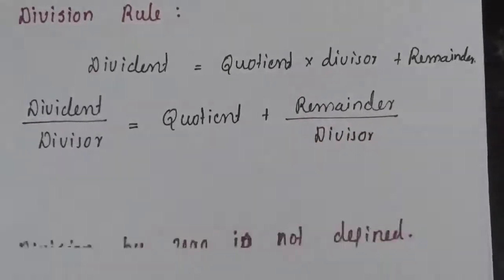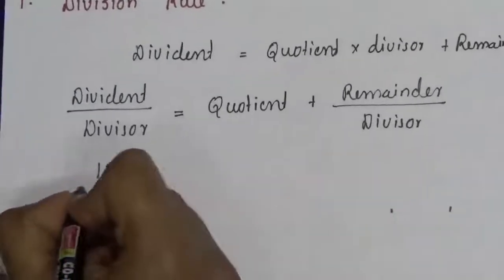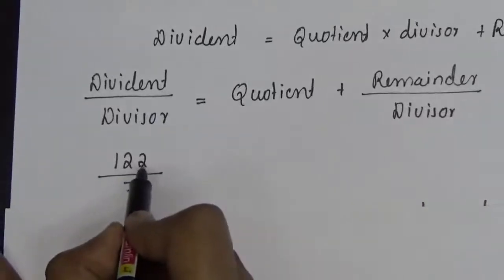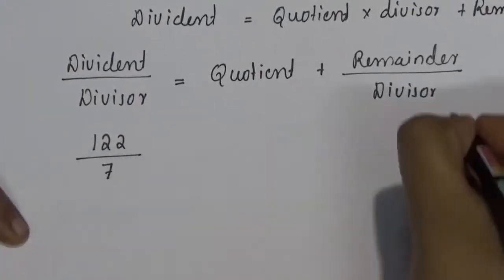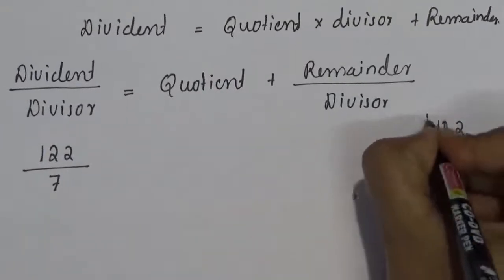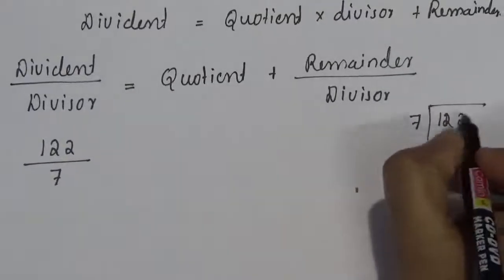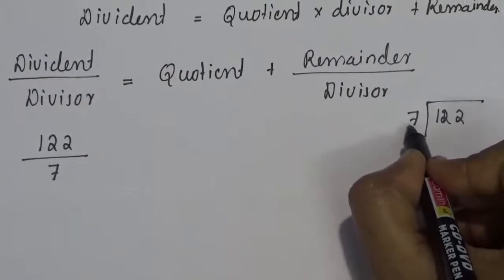Suppose we need to divide the number 122 by 7. Here 122 is the dividend, 7 is the divisor. By the long division method, let's divide 122 by 7. How will you divide a number by another number? Here you have to take a number in the dividend which is greater than 7.